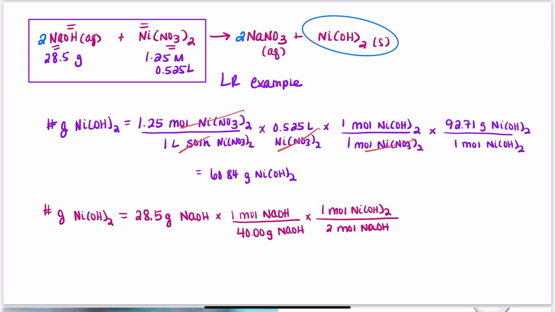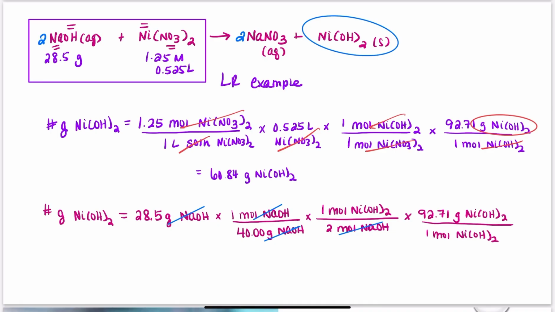Just kind of reminding you guys, cancel your moles here, and that's how you got your grams up here. Down here, same idea, grams here, moles here. Now we're trying to cancel out into grams, get our grams of nickel 2 hydroxide. So 92.71 grams of nickel 2 hydroxide for every 1 mole.